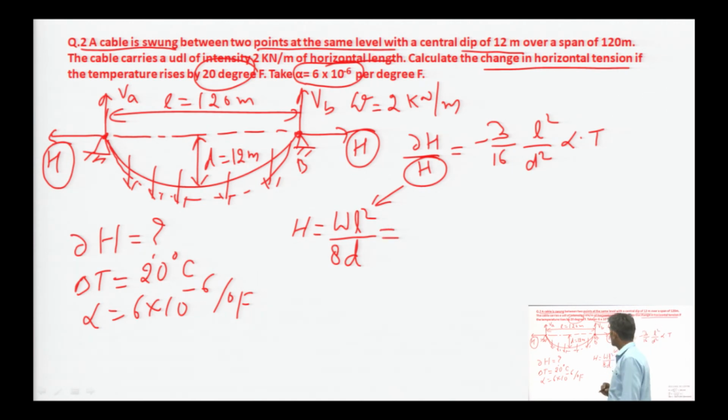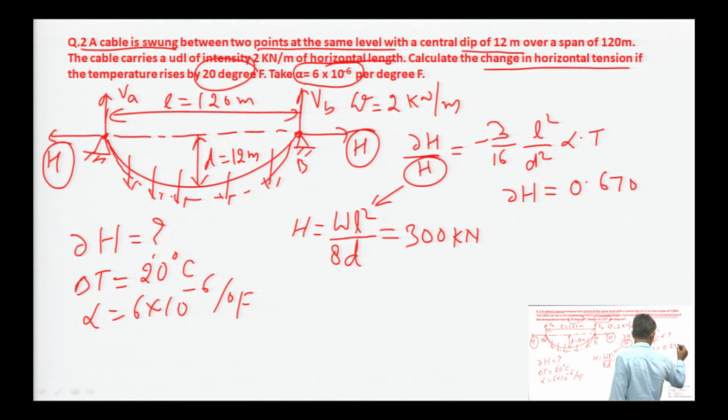W is given, L is given, D is given, so the value of H comes to be 300 kilonewton. Put the values of H, L, D, alpha, T, and you can calculate the value of delta H as 0.675 kilonewton.